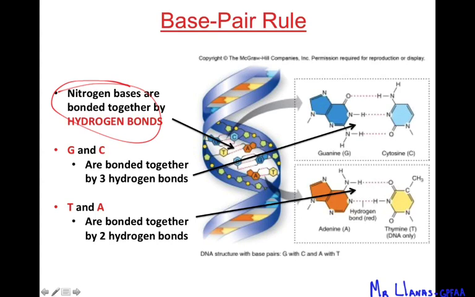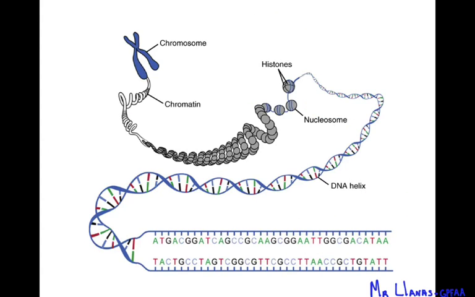That's going to be important when we talk about DNA replication, which requires these bonds to break very easily. That's why hydrogen bonds are an important component of DNA. So that's the base pairing rule: A with T, G with C.